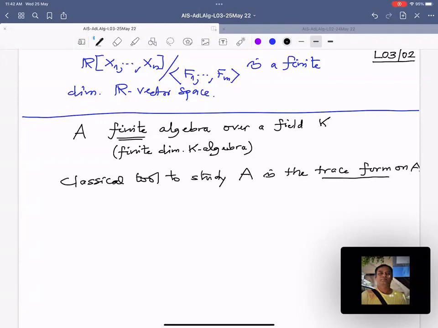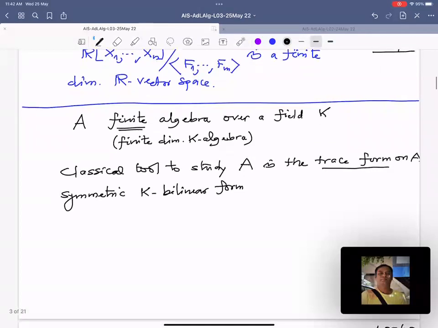So what is the trace form? That is a symmetric K-bilinear form. I will denote it by the letter trace, which is, think of this as a map on A cross A.